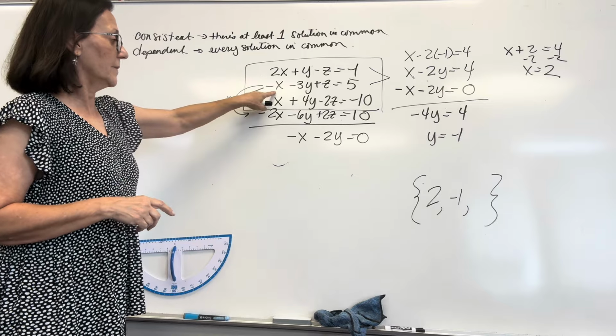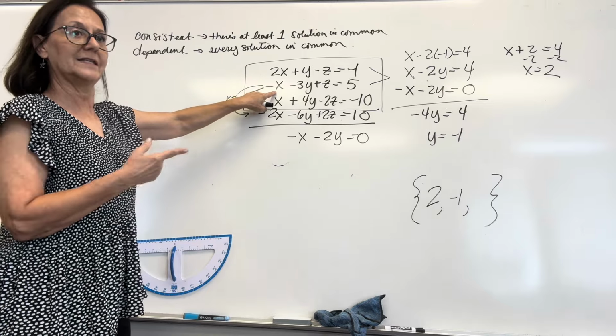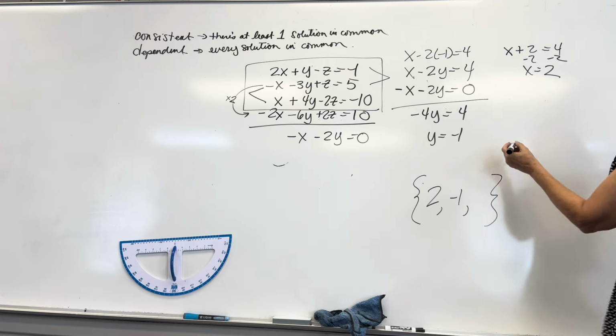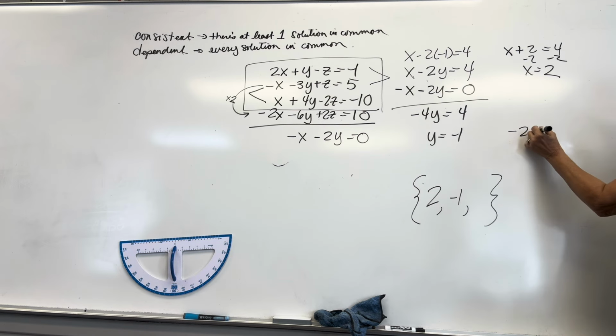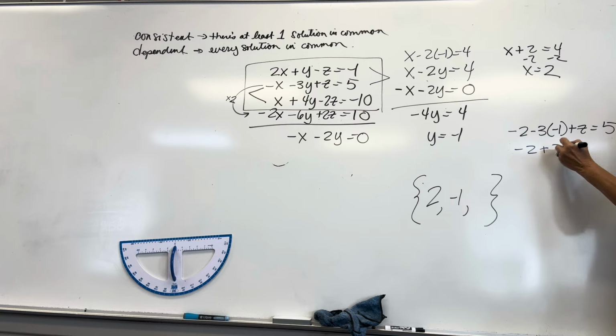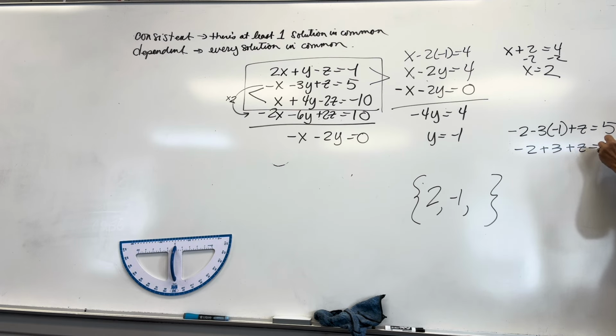I'm going to go to the middle one because z is by itself. So the middle one says the opposite of 2 minus 3 times negative 1 plus z equals 5. That's negative 2 plus 3 plus z equals 5. This is 1, so I subtract 1, and z is 4.